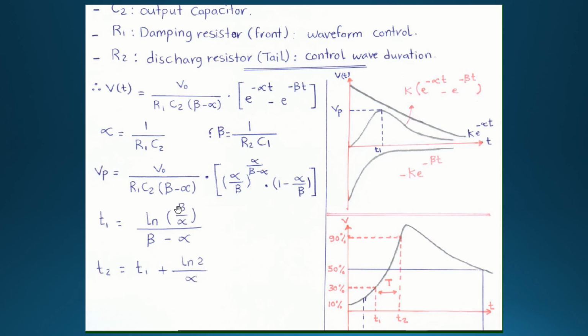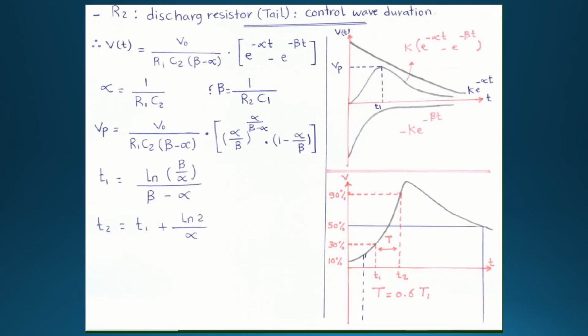So if you have all of these formulas, you only have to substitute the values. T1, by using this formula, we can find T1, and T2, by using this formula, we can find T2.